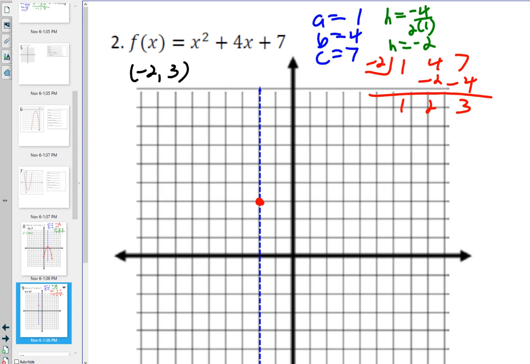Where am I going to touch the y-axis? ¿Dónde toco el y-axis? So the more you talk, the less I have to.